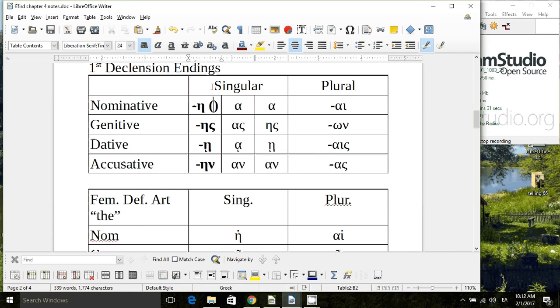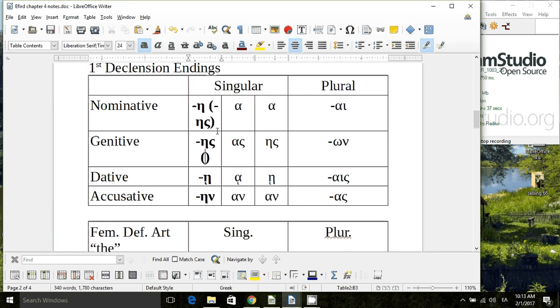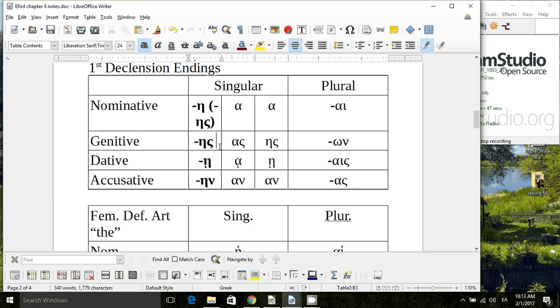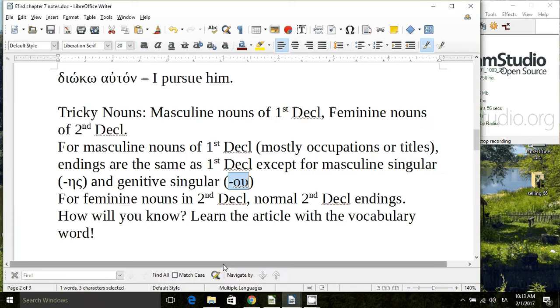So for the masculine, this ending is ace in the nominative singular, and the genitive masculine ending is u. And again, you can see that on page 35. You should make a flashcard of prophetes, to make sure that you get that memorized appropriately.